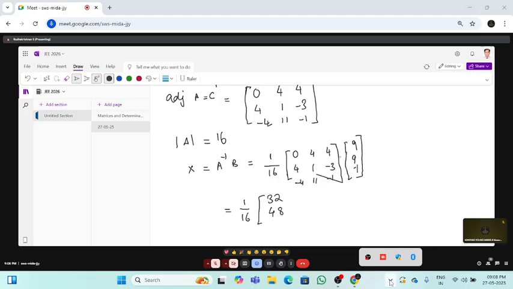Third row: minus 4 into 9, minus 36, 11 into 9, 99. So 99 minus 36 is 63, and minus 1 into minus 1 is plus 1, so 63 plus 1. So 32 by 16, 2, 3, 4.